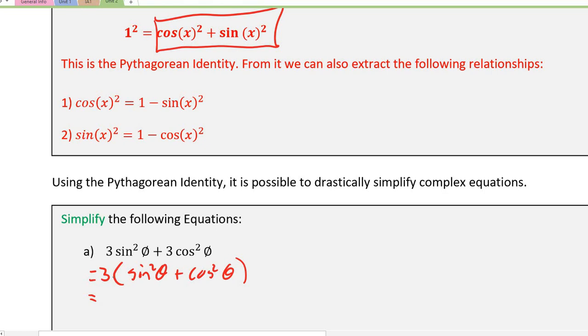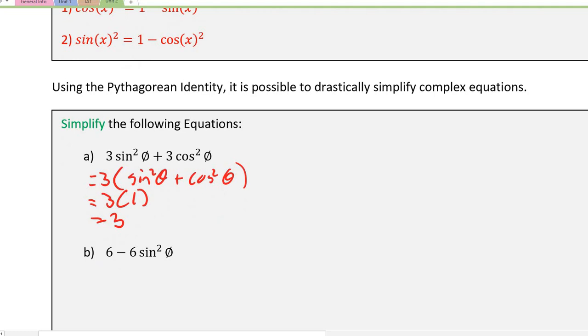If I expanded that bracket, I'd have to do it to the sine and to the cos. So I've factorized out. So I've taken a factor of 3 from each of those terms. Inside the bracket, using Pythagorean identity, that's just equal to 1. So that big ugly equation simplifies down to 3. It's 3 times 1.